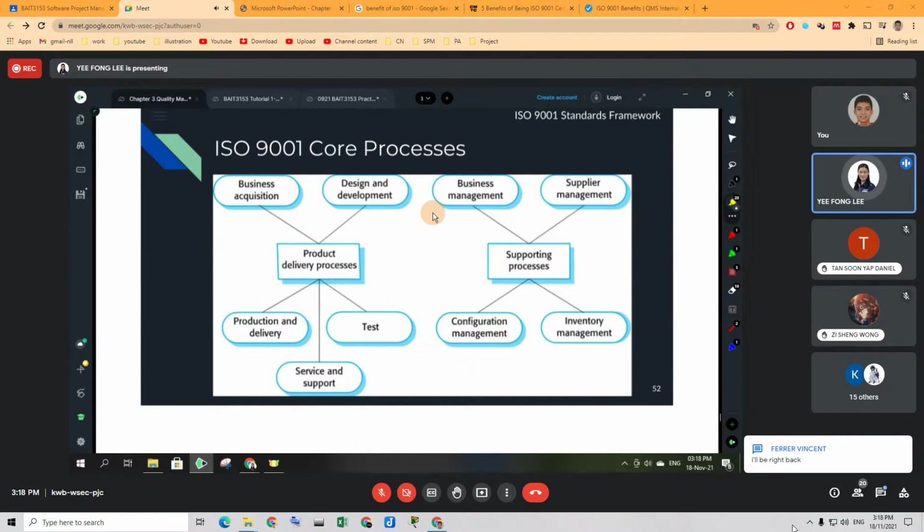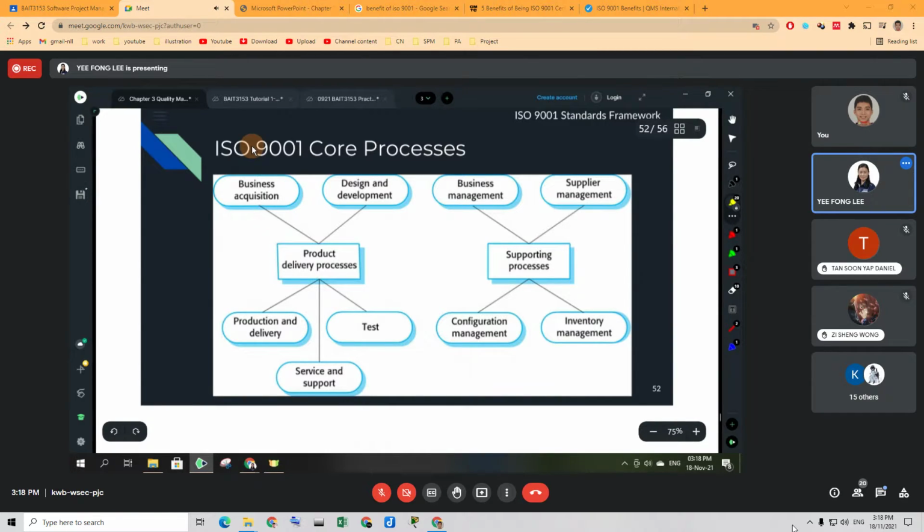So now everybody has your own company. This standard didn't define, didn't list out, like if you're manufacturing, what quality processes you should have. If you're servicing, what kind of specific quality processes you should have. No. This standard does not define specifically.